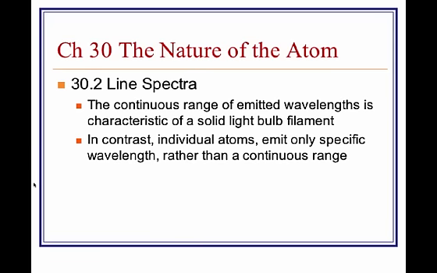All right, kind of jumping around a little bit here, even though I'm following along in the book. Maybe I don't personally, as you can tell, agree with the order that they go in here. But line spectra. Line spectra are really a series of different bright fringes given off by each atom. An atom, as we've seen, can emit electromagnetic waves. For the most part, we'll look at visible light.